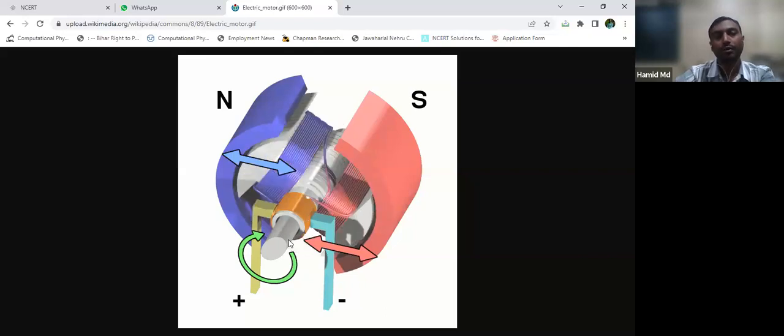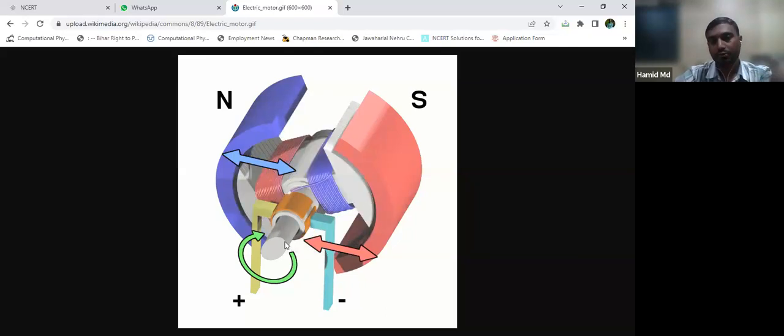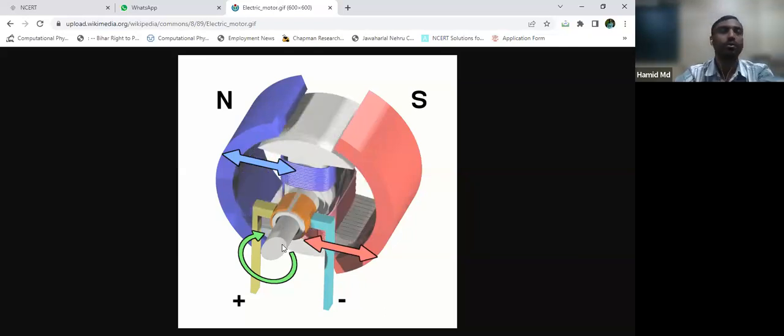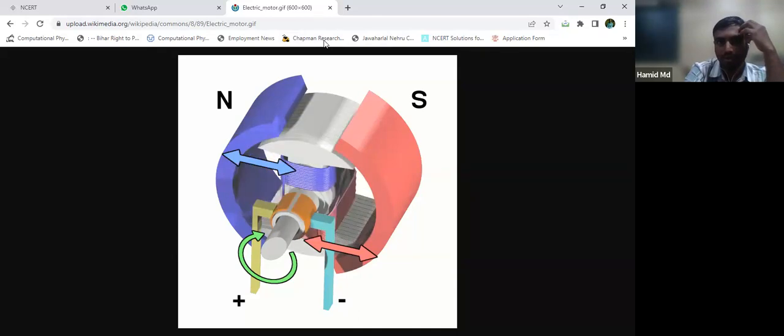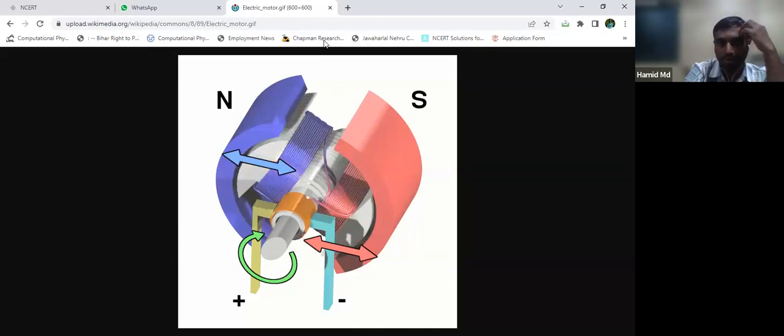So how does the force act on it? To show that, I will again go to our main screen. Keep this animation in mind, okay? So we are going again back to our main page.